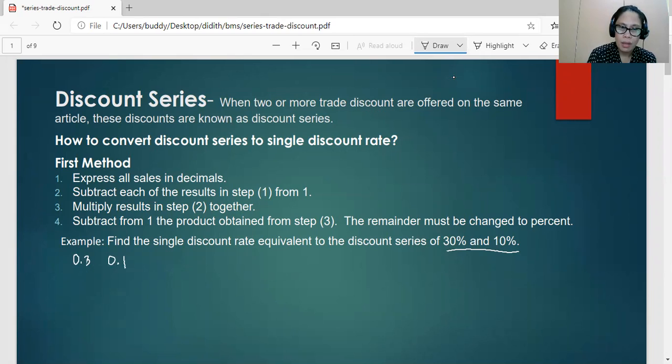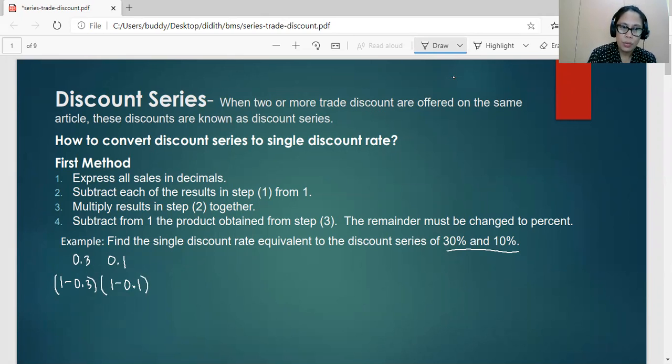And then subtract each of those from 1. So we have 1 minus 0.3 and then 1 minus 0.1. And the results are to be multiplied.